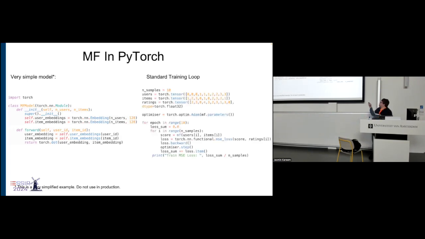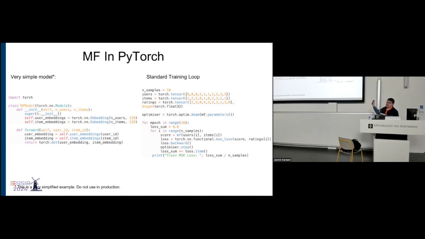We also can use a very standard training loop. You see, we get a score distribution for user items. So this is kind of our data set. And then we have an absolutely standard PyTorch training loop for matrix factorization. And that's it. So this is matrix factorization, but implemented as a deep learning thing. And it is very easy.